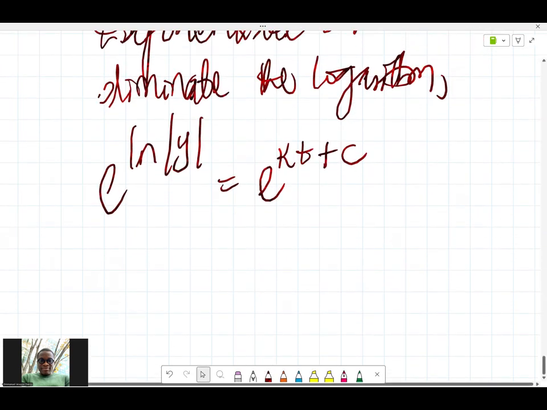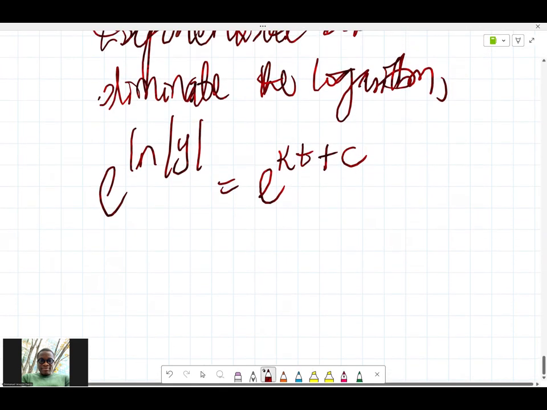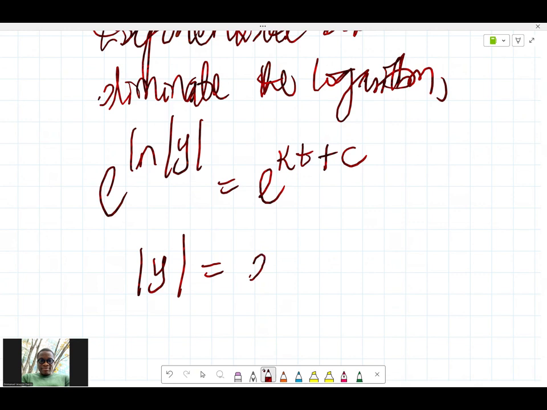Since we are looking for y, whenever you have e raised to the power ln, that neutralizes it. So you have the absolute value of y left, equal to e raised to the power kt plus c, which from the law of indices is e raised to the power kt times e raised to the power c.